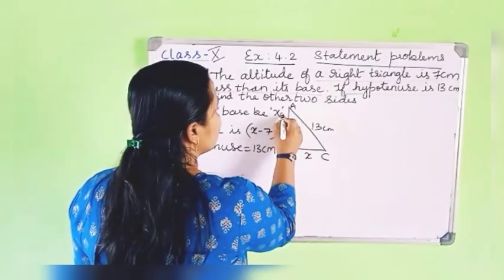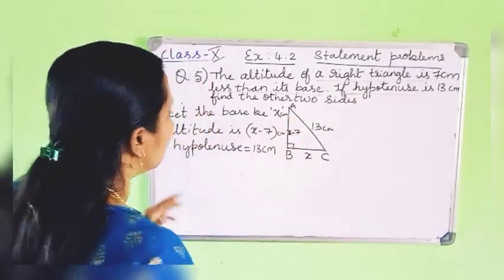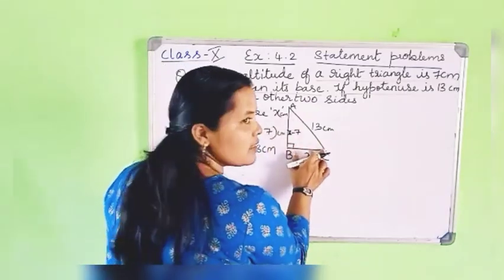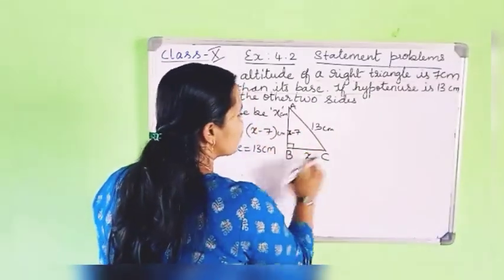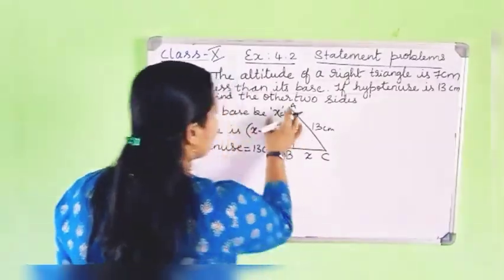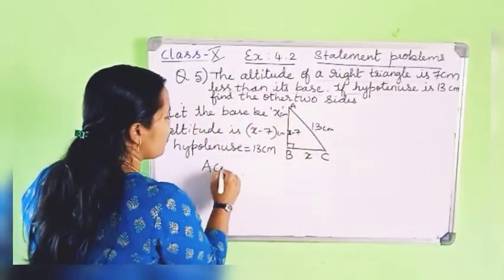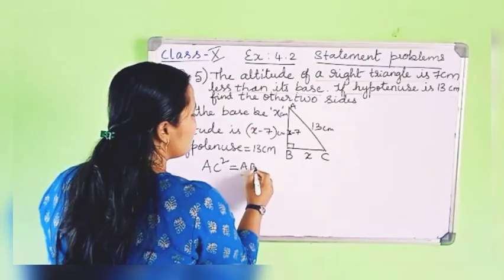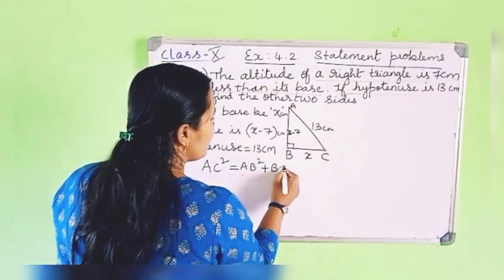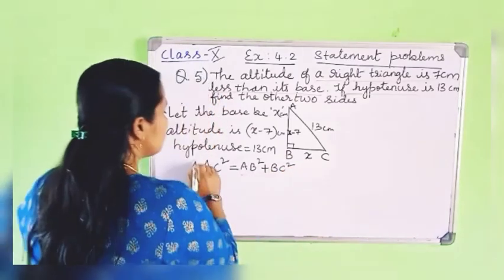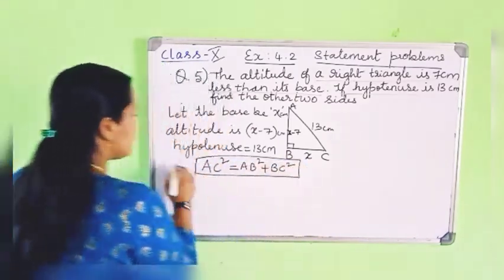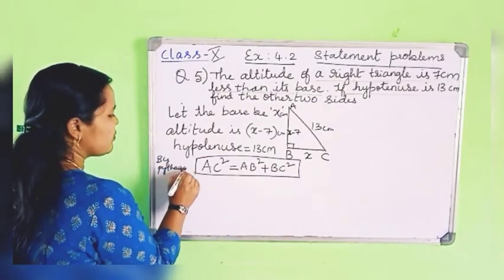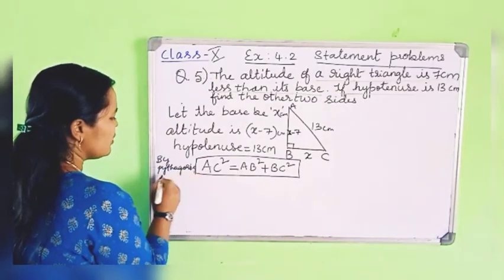Now you know that in a right angle triangle, the square of the hypotenuse is equal to the sum of the squares on the other two sides. Other two sides are AB and BC. This is called Pythagoras theorem. Clear?